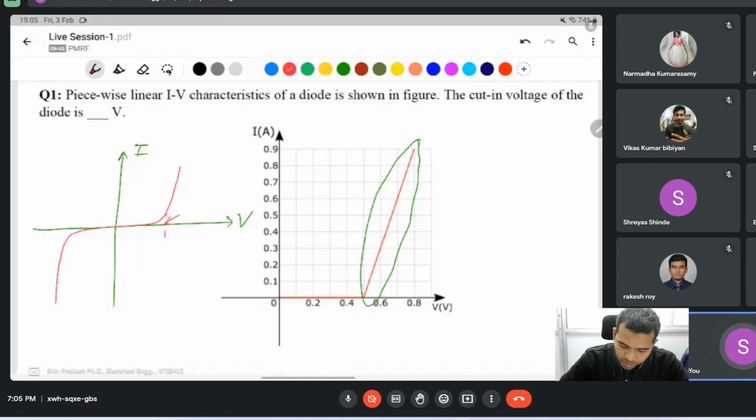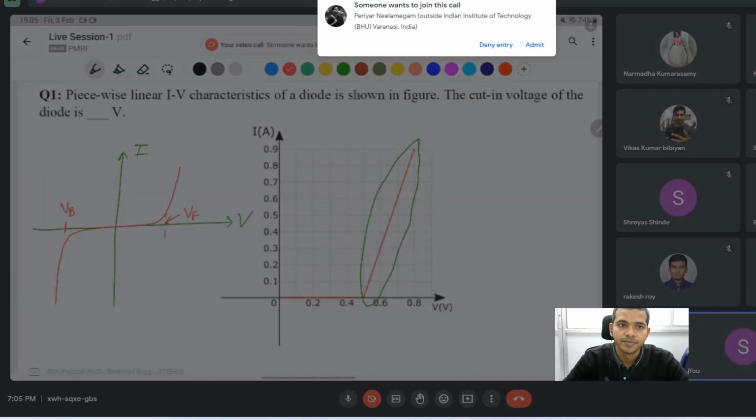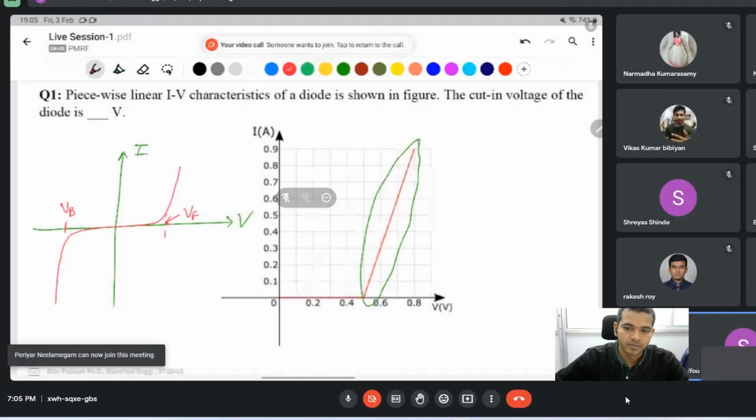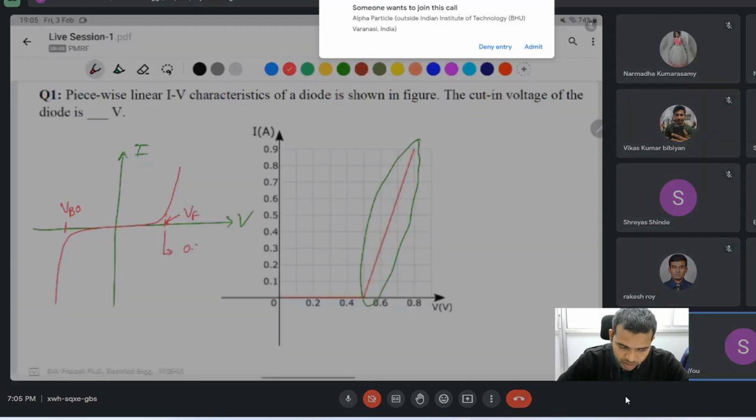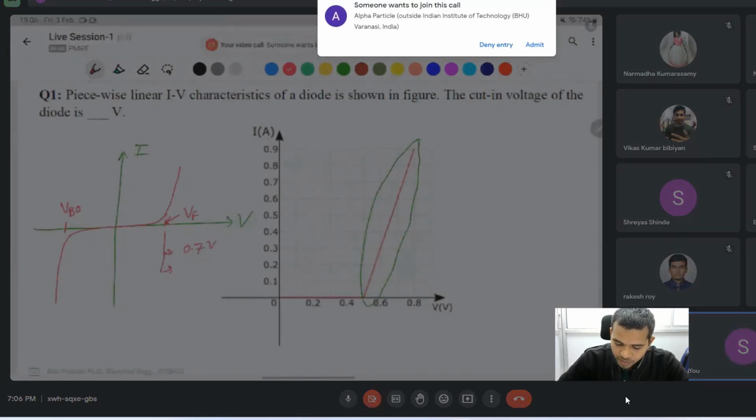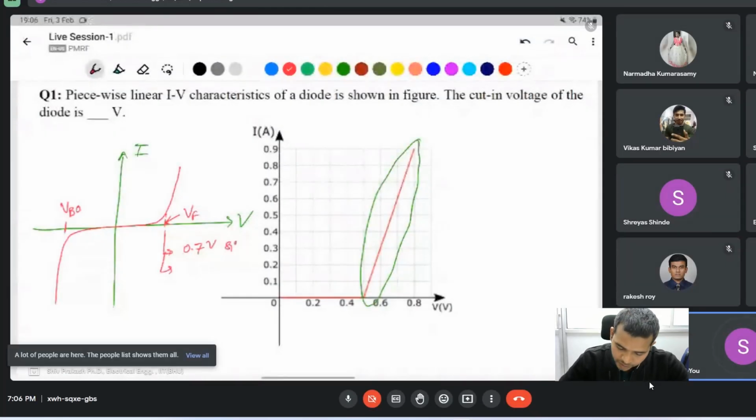This is the forward voltage drop, and this is the blocking voltage capability of the diode. For normal silicon diodes, the forward drop is about 0.7 volt, and 0.3 volt is for germanium.